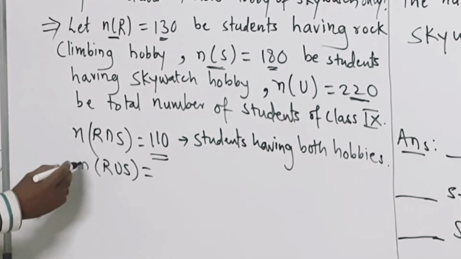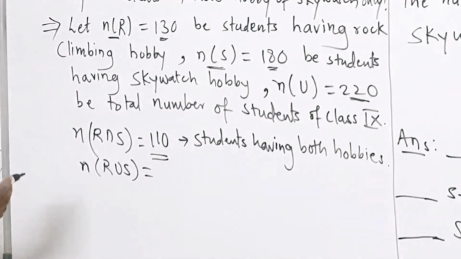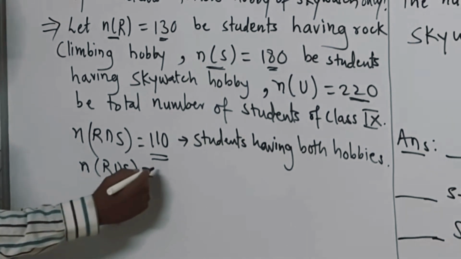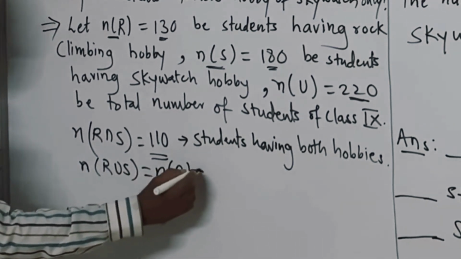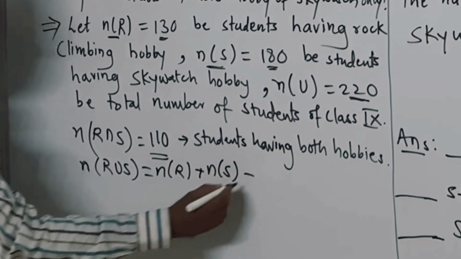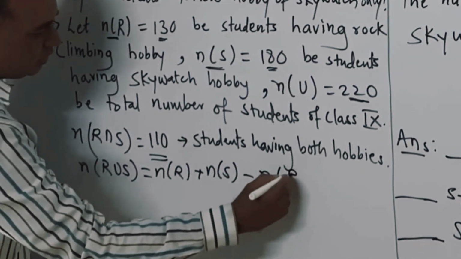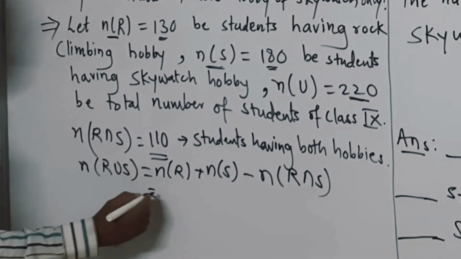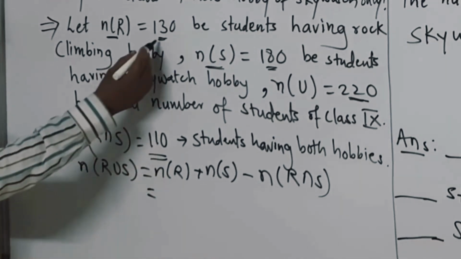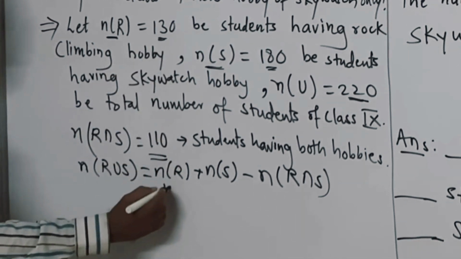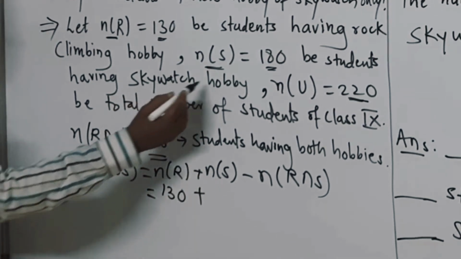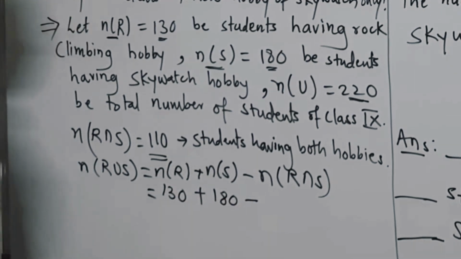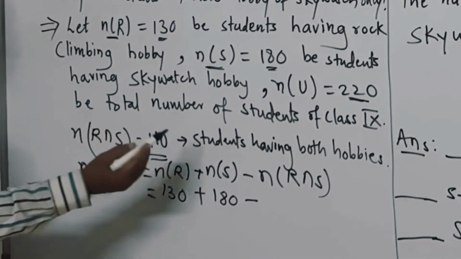So here we have to find the number of students having at least one of the hobbies, that is n(R union S), which is equal to n(R) plus n(S) minus n(R intersection S). That is the number of students having the hobby of rock climbing, 130, plus the number of students having skywatch, 180, minus the number having both, 110.